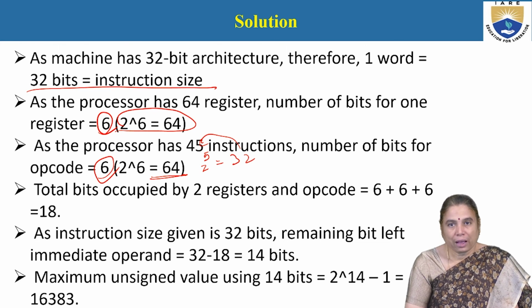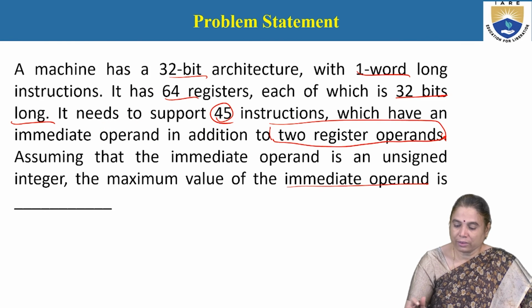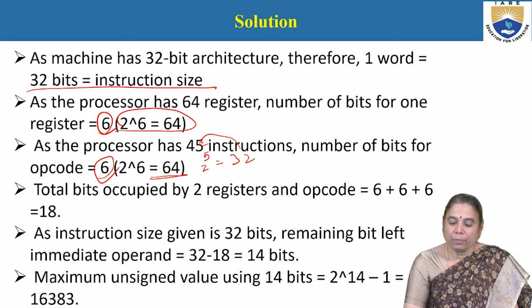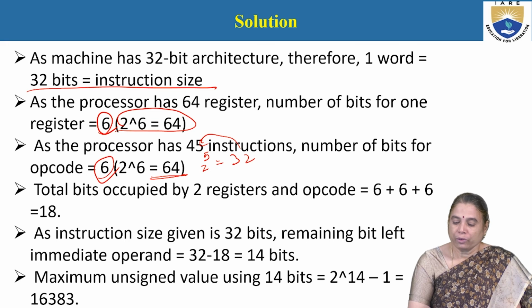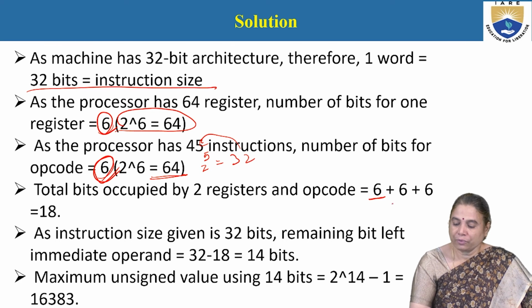So total bits occupied by 2 registers and the opcode: 6 is the opcode size and each register is 6, and 2 registers are there.